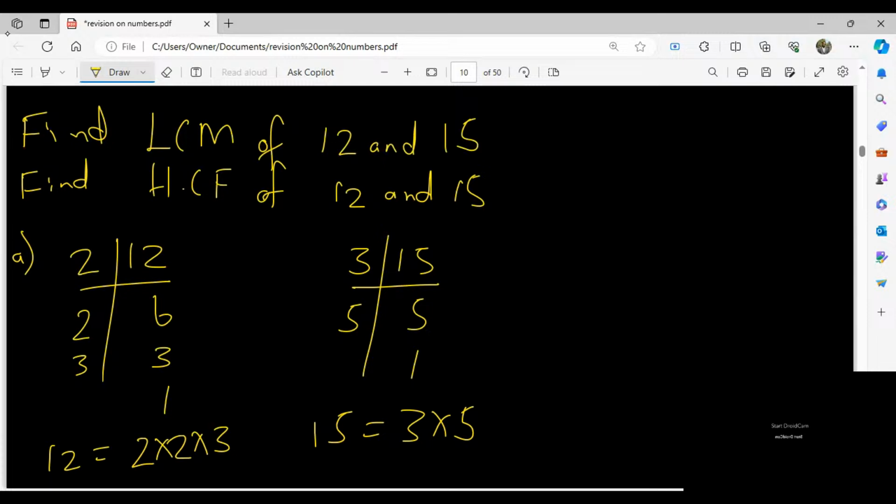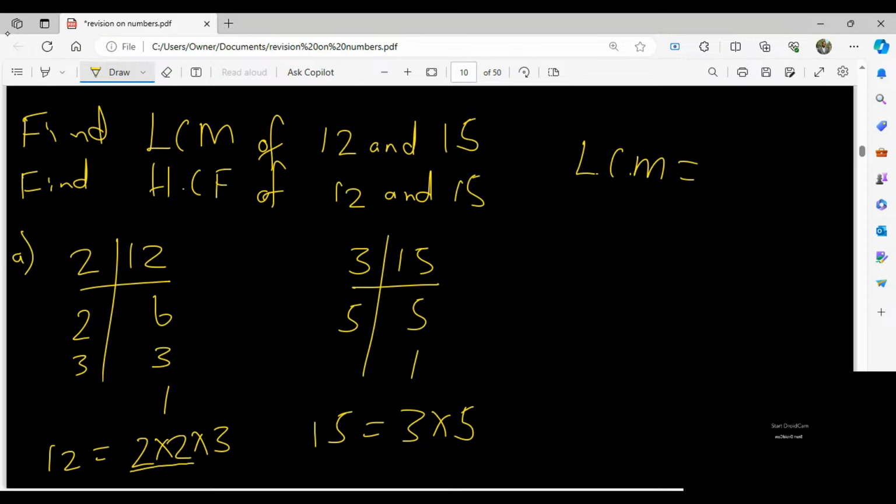Now, using these two expressions, we can come up with the lowest common multiple of these numbers and the highest common factor. So the lowest common multiple of 12 and 15 is found by taking the longest chain of factors. Here you can see that we have twos, threes, and fives. So the lowest common multiple would be taking the longest chain of twos.